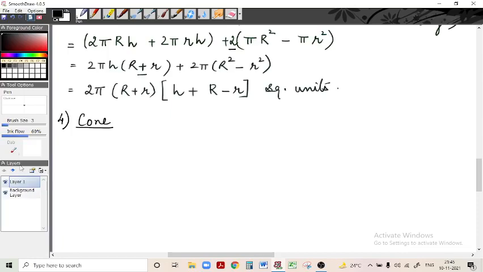Like ice cream cones, like conical tents, birthday caps, funnels, many places you might have seen cones. So right now we are going to derive the formula for cone.